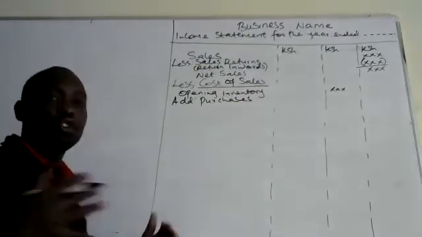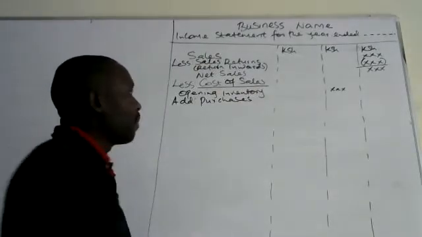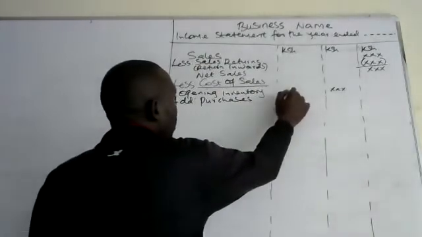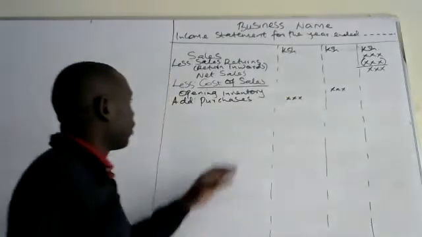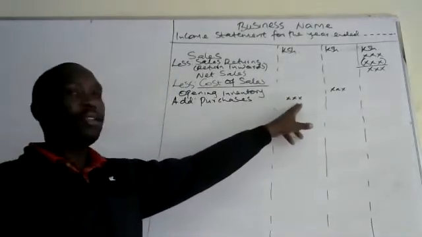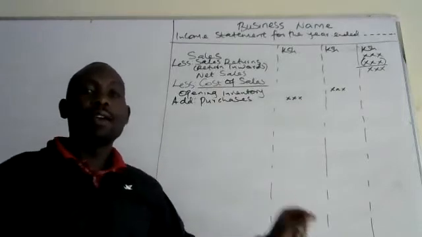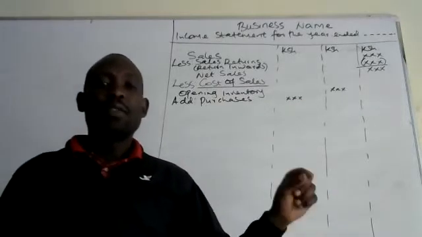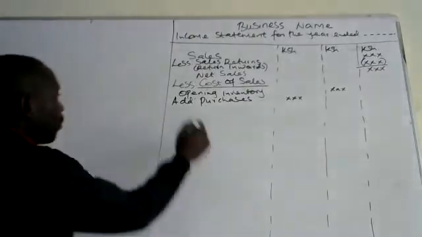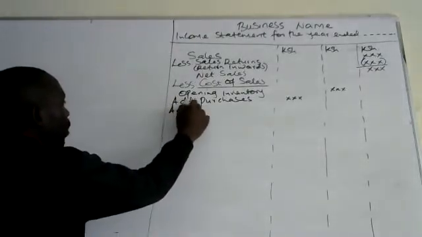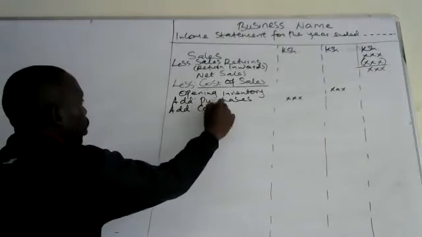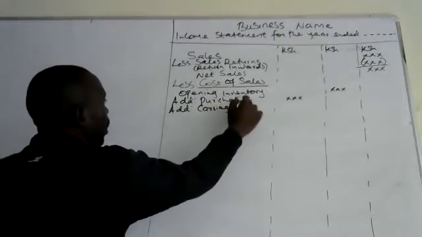Purchases is the additional stock that I brought into the business. This one normally requires some adjustment. Purchases, we normally put it in the first column if it has some adjustments to be made on it. And these adjustments are: to the purchases, we add what we call the carriage inwards.